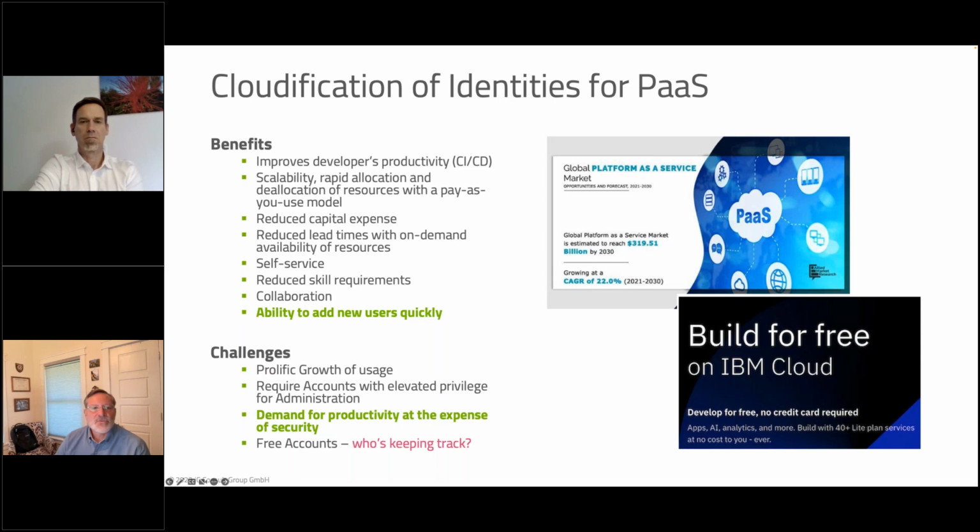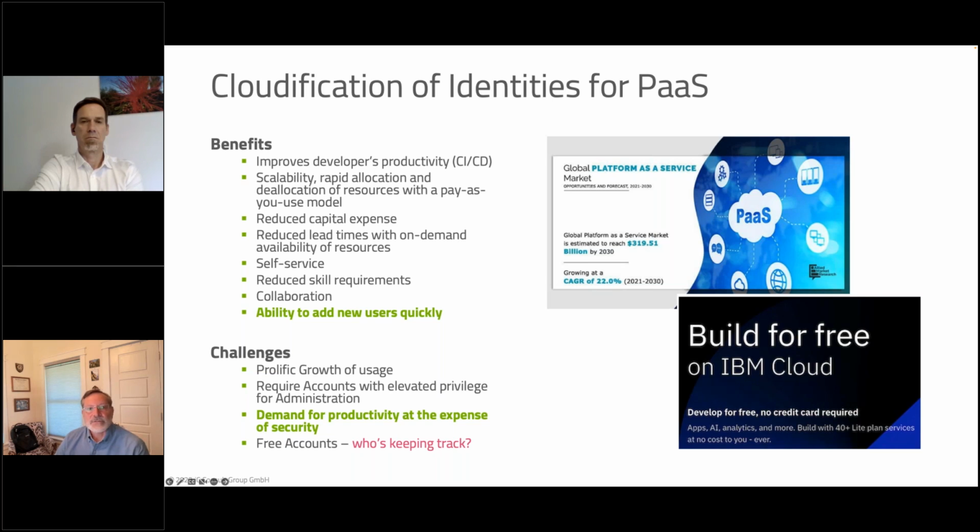All these services require elevated privilege for administration. And so a lot of organizations, because they are required to be productive and move quickly, they're overlooking their risk, and it's at the expense of security.